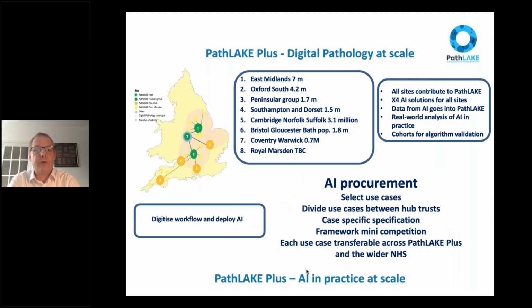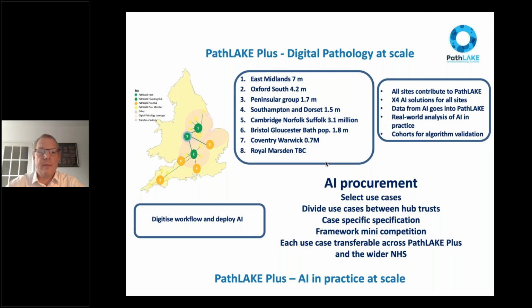Furthermore, one of the reasons why some of those benchmarks haven't quite been hit is we have focused quite a lot on the development of PathLAKE Plus. This was a scale up of the original project, aiming to bring digital pathology to a wider group of hospitals. And this has been extraordinarily successful, with a number of sites coming on board in addition to those sites which were initially funded through the grant income.